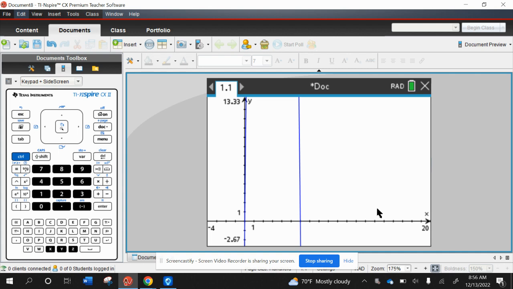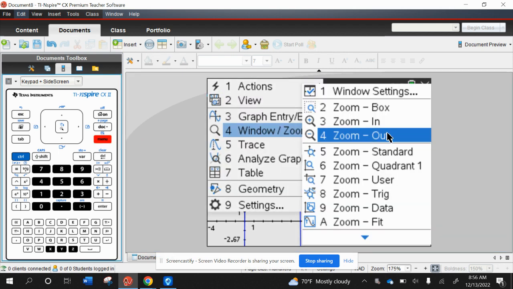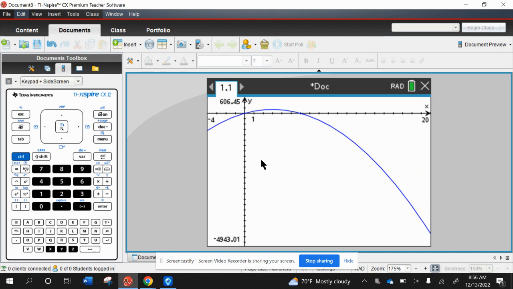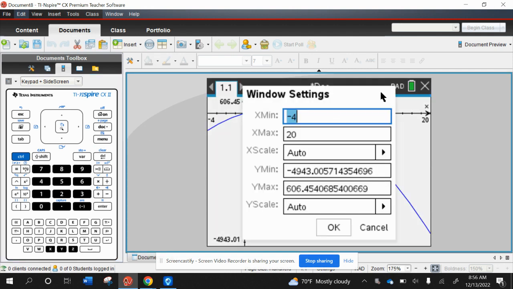Okay. Now, that didn't help because we don't see the top of the graph. So when that doesn't work, we're going to go to menu, window zoom, zoom fit. Now we can see the entire path of the ball, but we see too much. So we're going to go to menu, window zoom, window settings.